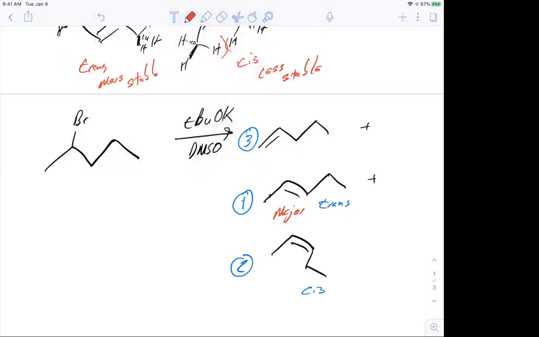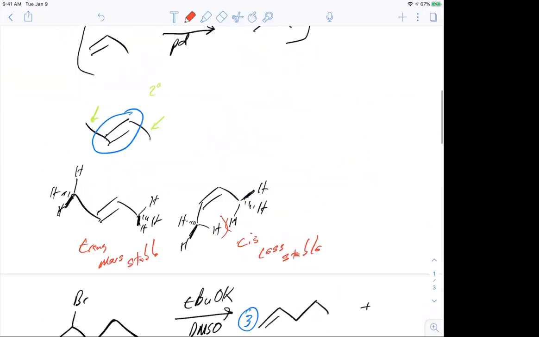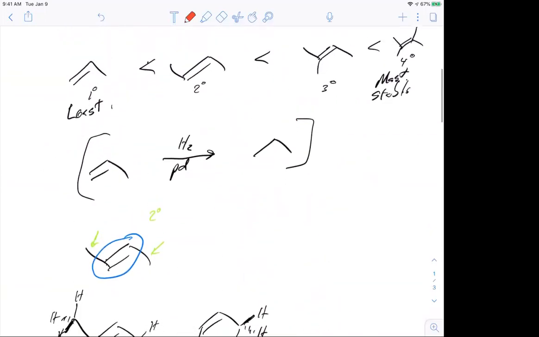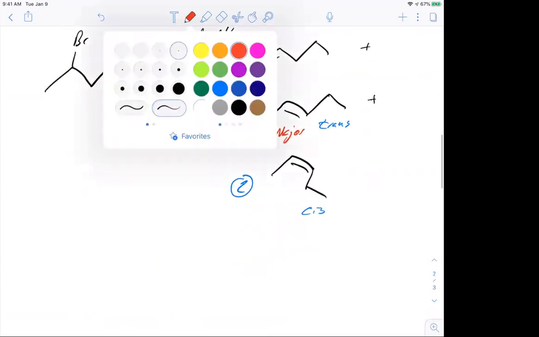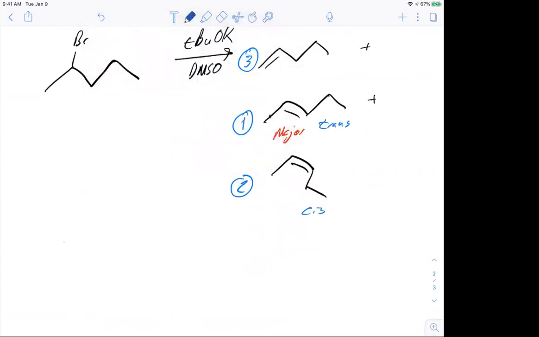So that's one of the things you're going to look at as we continue to look at elimination, is what's the most likely product or what's the majority product from eliminations. And you'll look at two things to do that. To figure out what's the most likely product in an E2, you're going to look at one, the stereochemistry. If it's an E2, that stereochemistry has to be very specific.